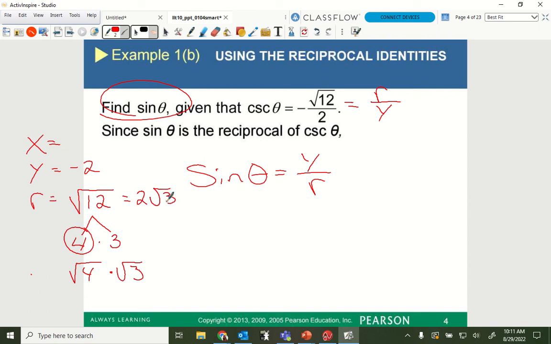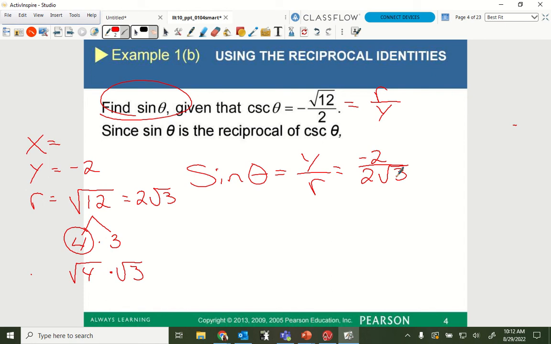So let's plug them in. My Y, we said, is negative 2. My R is 2 radical 3. Why am I not using square root of 12? I reduced it, I factored it, so it's still equivalent.